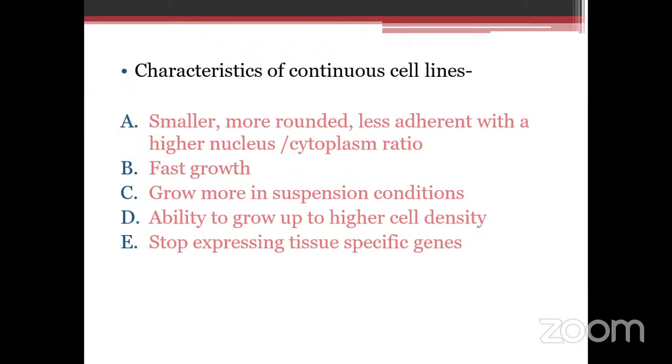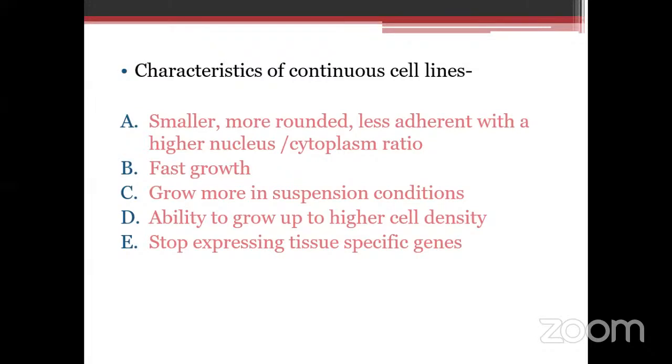If we want to produce any product in any cell, first we have to check whether it has a higher nucleus to cytoplasm ratio or not. If that is there, then it is transformed, and any product coming out of transformed cells is usually not safe, so we have to check that.